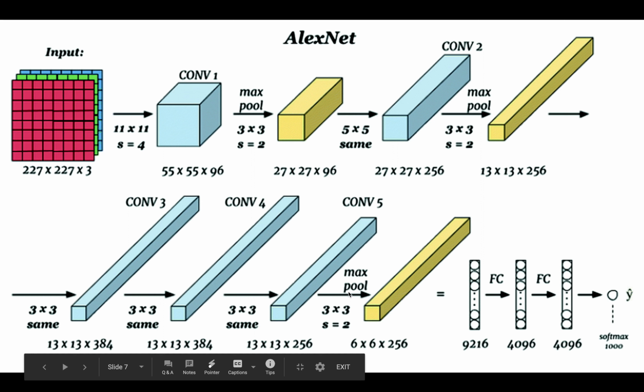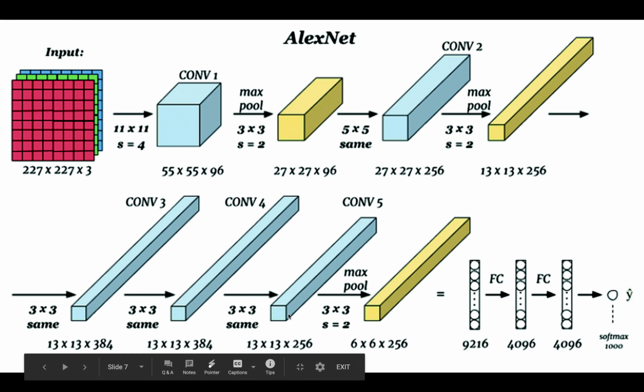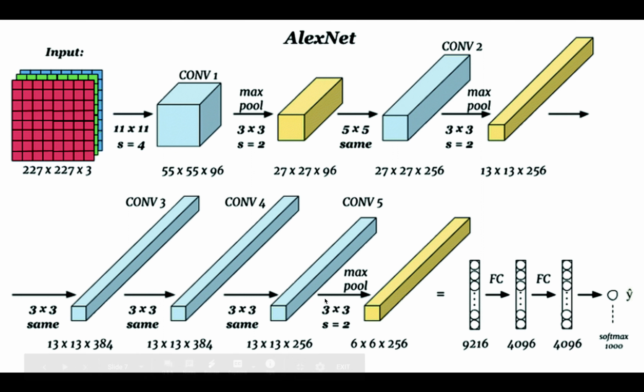So this is the whole structure of AlexNet, and I'm just briefing. At that time, running 90 epochs on the ImageNet dataset took around 5 days. This network takes so much time for training.